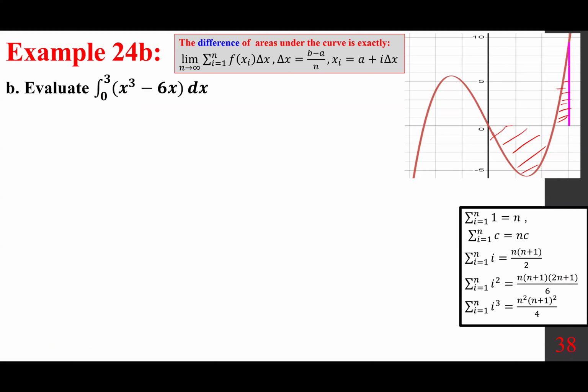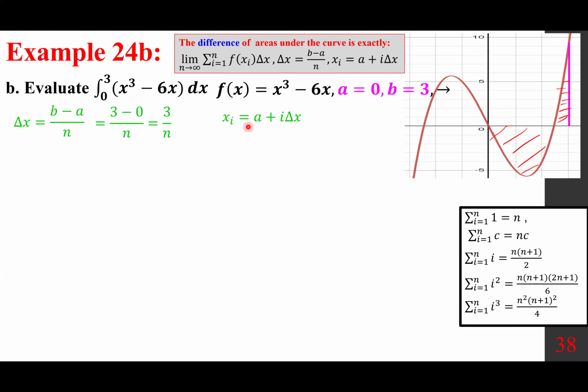Delta x is b minus a over n, which makes it 3 minus 0 over n, 3 over n. X sub i is a plus i delta x. A is 0.